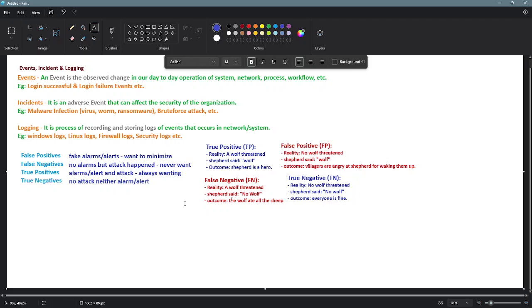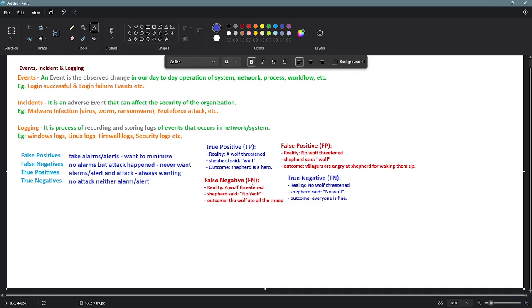So let me once again say everything. In true positive, there is an attack and there is an alert, and you can easily mitigate it. After that, there is false positive. In false positive, there is no attack, but there is an alert, and you have to waste your time to resolve it and search why the alert was generated.